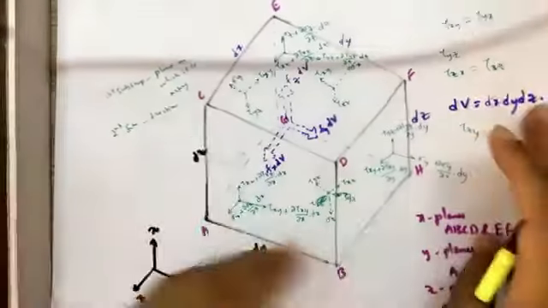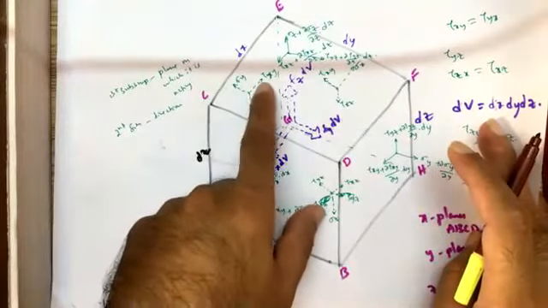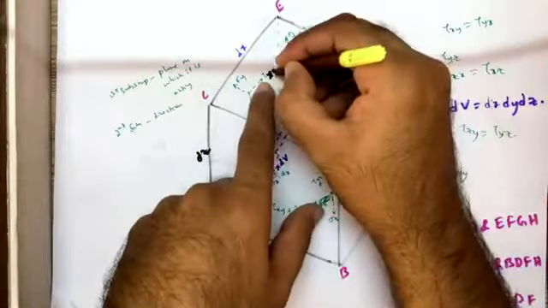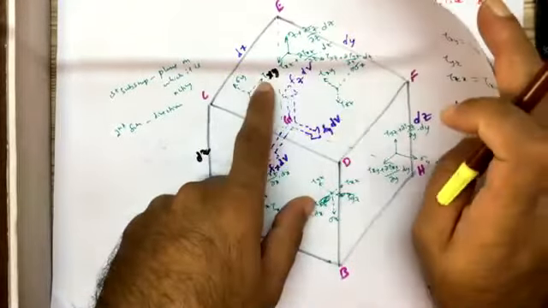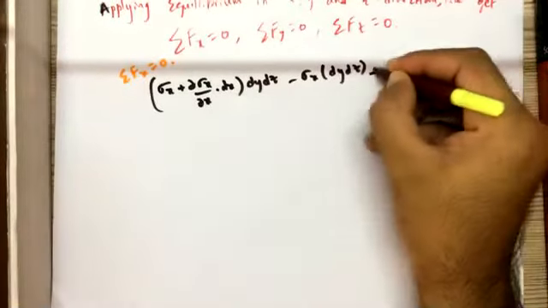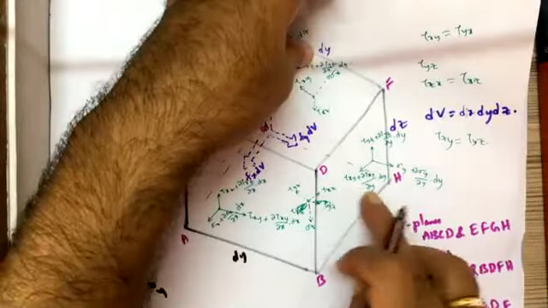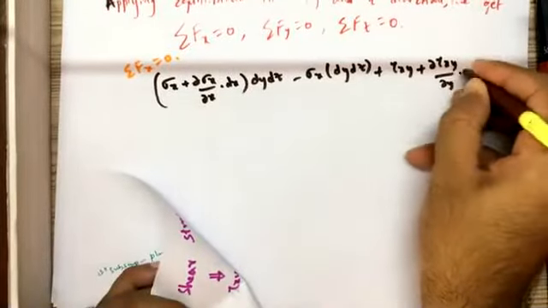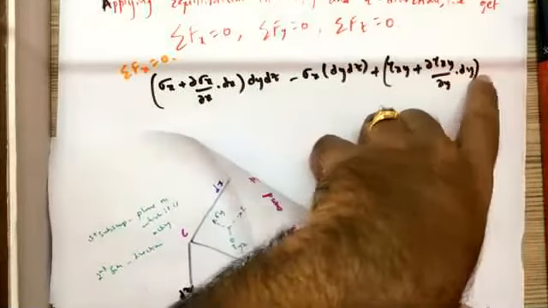Next, coming to y faces. In the y face, what is the x direction stress? Look at this, tau xy. This is the negative direction. What is the positive direction? Here, plus tau xy plus dou tau xy by dou y into dy, because we are now dealing with y faces, into the area. No need to look into the area, it would be dx into dz.